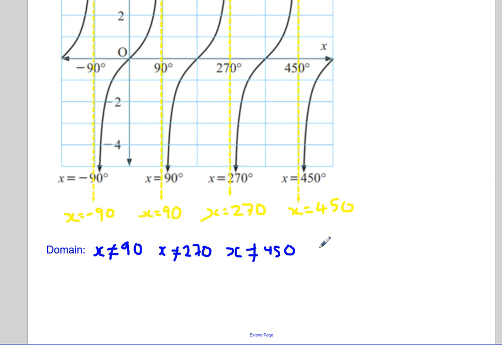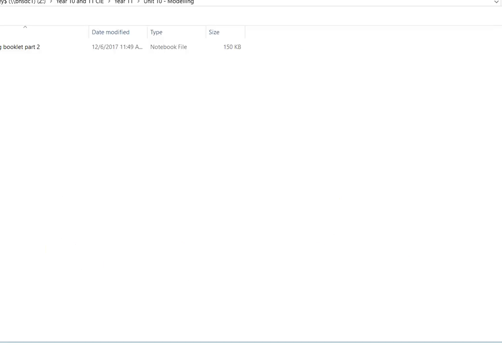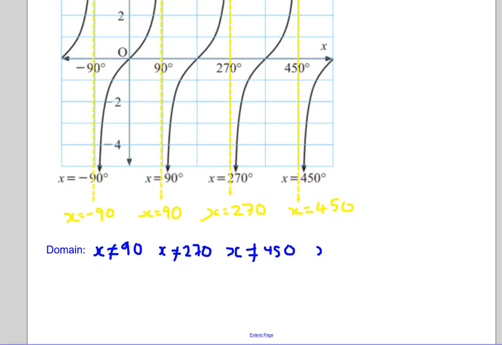Depending on what graph you've been given, you'll have a slightly different domain, because maybe certain asymptotes wouldn't be included. And so on, so I'll just put etc.